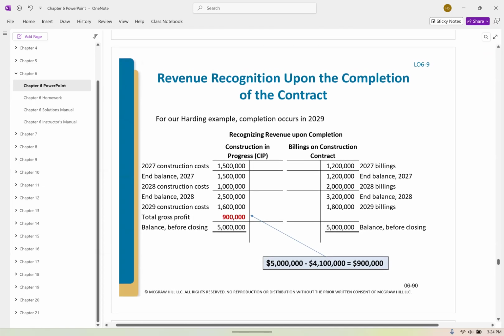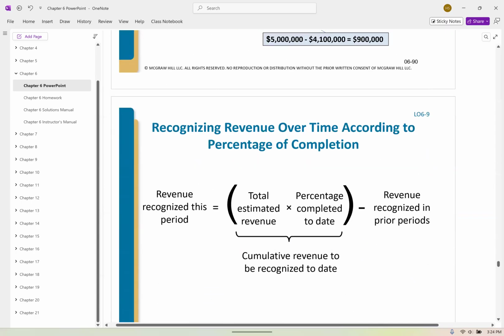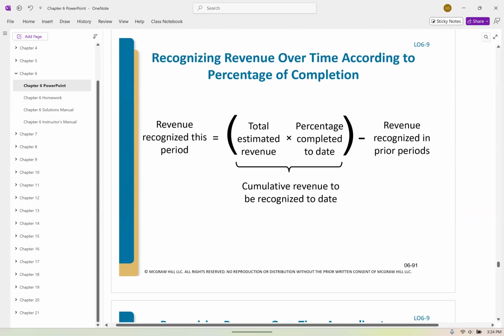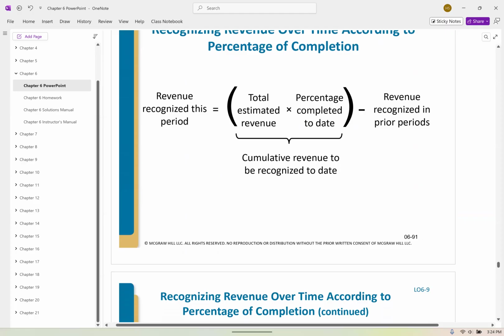Now you can see those numbers that we just did in all of these T accounts. You can see how we had that 1.5 million, had a balance, added some more construction costs, had a balance, added some more construction costs. Our gross profit is the 900,000, the difference between the 5 million and the 4.1 million. So recognizing revenue according to percentage of completion, we look at the total estimated revenue multiplied by the percent completed to date, minus any revenue recognized in prior periods.